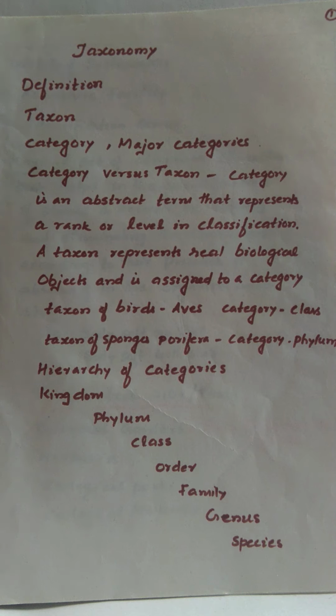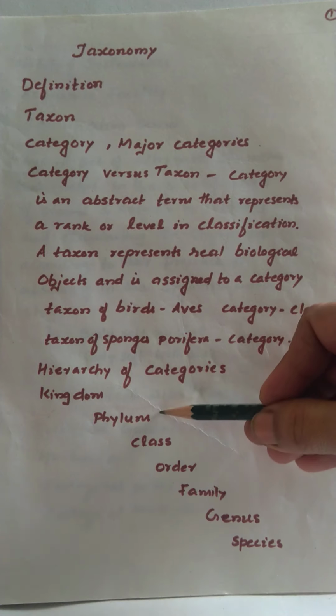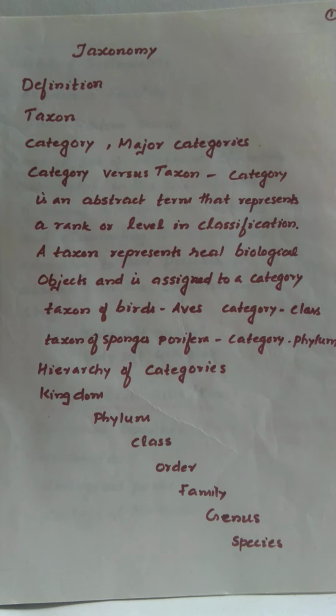Next is phylum or division. A group of related classes. If it is animals, it is phylum, and if we are considering plants, it will be division. So related animal classes form a phylum and related plant classes a division.